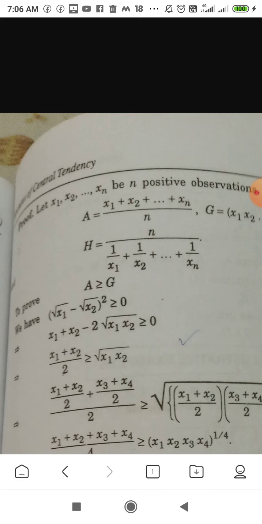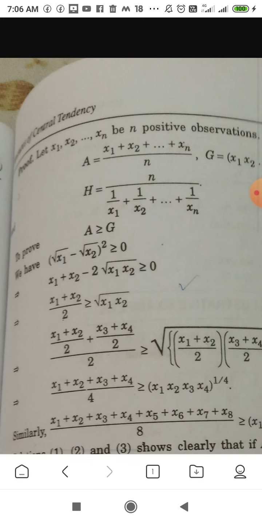x1 plus x2 upon 2 is the arithmetic mean, and under root x1 into x2 is the geometric mean.